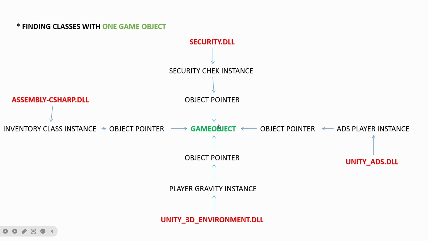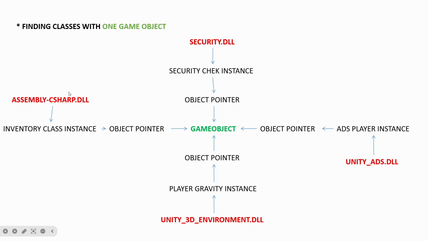In this method, if you have one game object, object means an instance. And don't think it is a class instance. It is a game instance of a specific thing. So class instance and game instance are different. So if different classes have pointers to the same object, we can get all those classes with this one single game object.